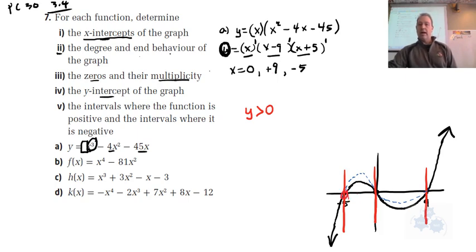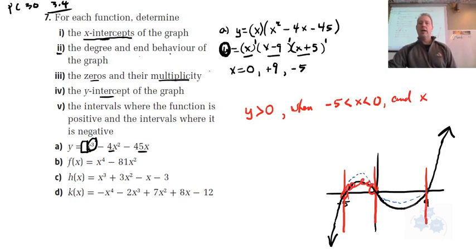-5 and 0. So y is greater than 0. Let me put this, domain. I don't know if there's a standard way of doing this, but y is greater than 0 when you can say x is between -5 and 0. That's the set notation there. And when x is what?